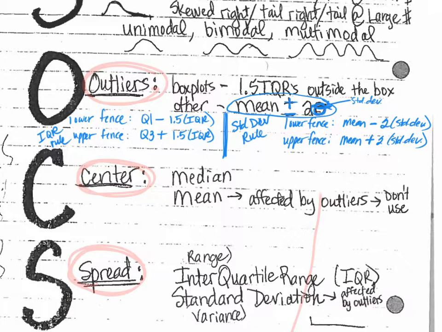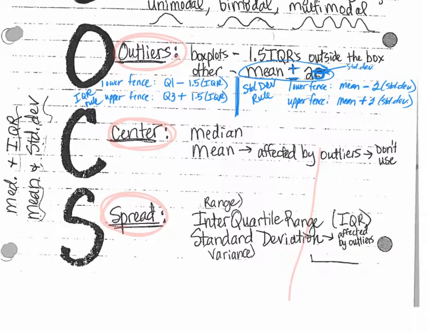All right, now you may wonder, how do you know which one of these sets of rules to use? Should you use the IQR rule or should you use the standard deviation rule? And that is determined based on the shape of the distribution, actually. Because let's go on to center and spread, and then we'll come back to which outlier rule to use. Okay, so we learned when we did pages 8 and 9 in our homework that the mean is affected by outliers.